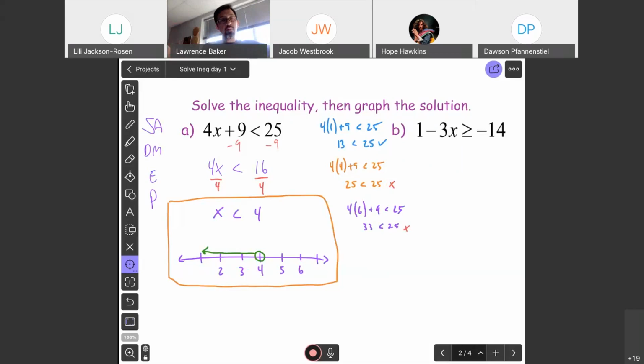And so there's a lot of context for inequalities in real life. We just don't spend a lot of time talking about them in Algebra 2. Very, very rarely in real life is there one exact answer to the problems that we're working with, with money and stuff like that.